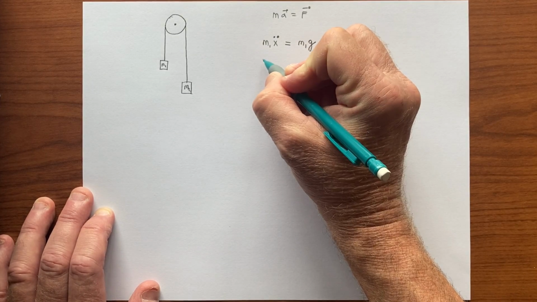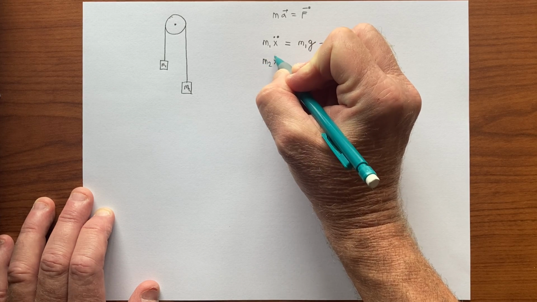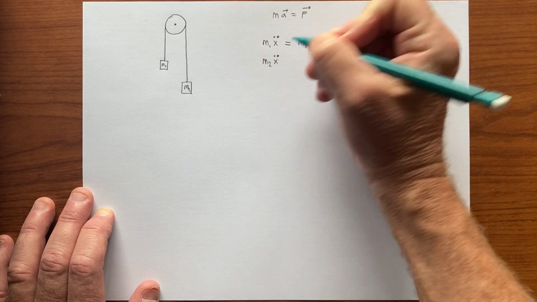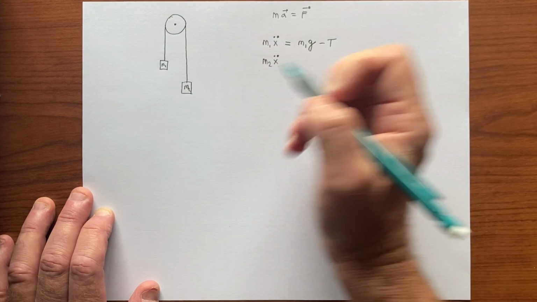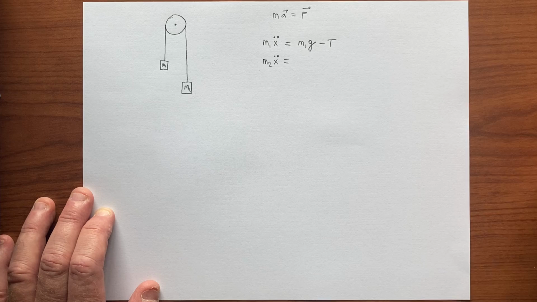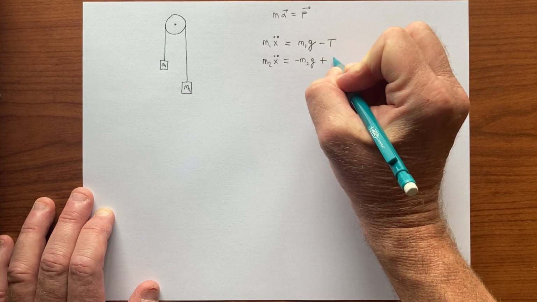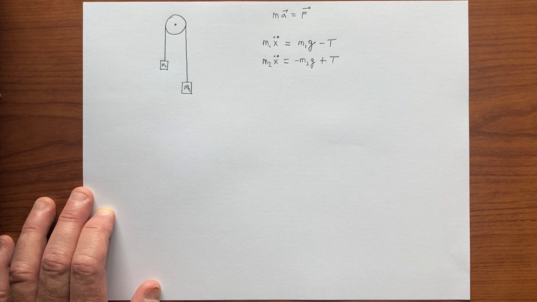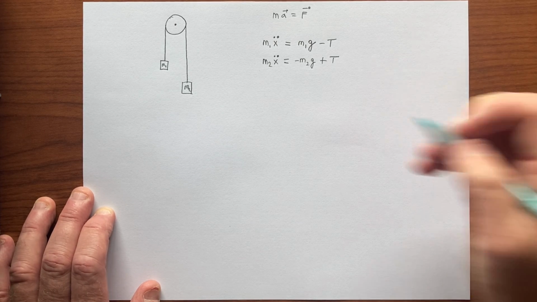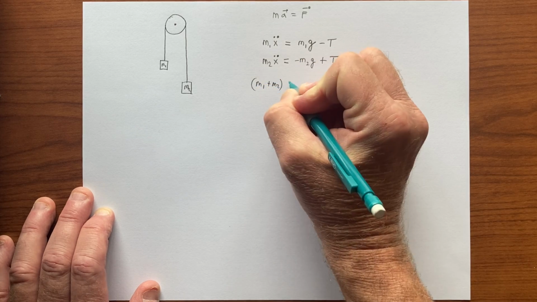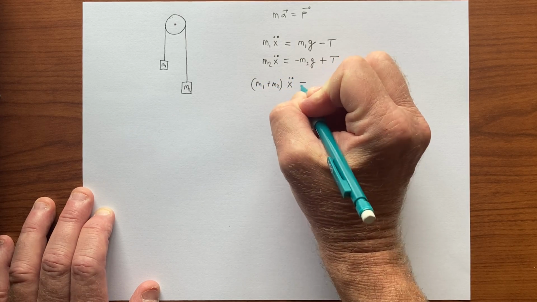And for the other one, we have m2 x double dot, the acceleration of this object, as minus m2g plus the tension. And so we combine these two equations, right? We add them together, as we know, to get that left-hand side.